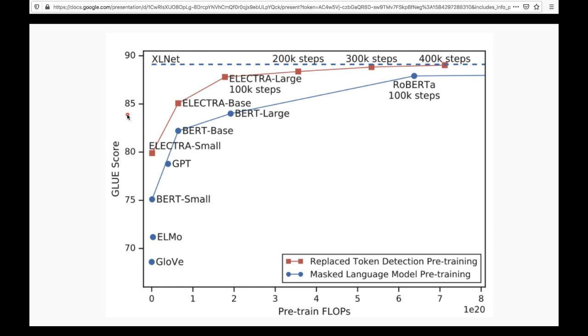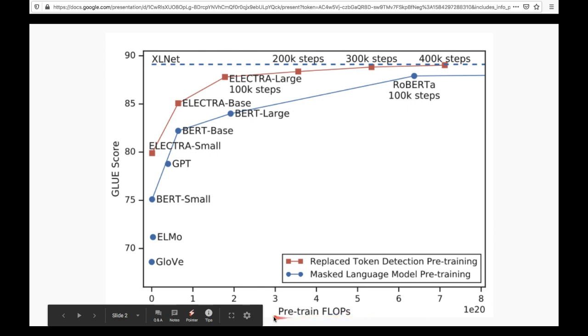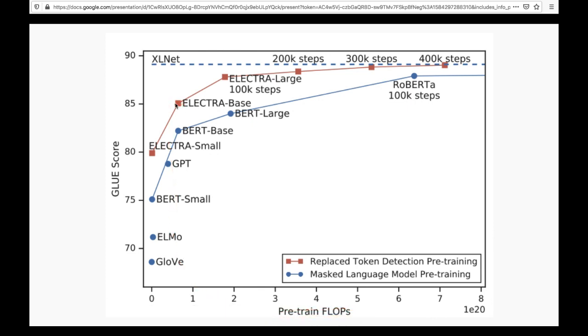Their model called ELECTRA, if you give the same amount of computational power, which is the x-axis, their performance constantly outperforms these state-of-the-art models. This is the GLUE score, and the higher the better.